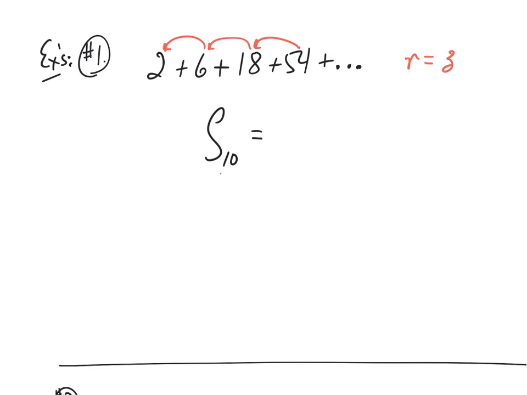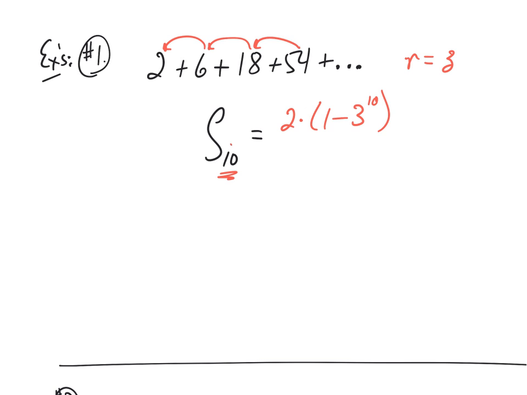And if I asked you to add up the first 10 terms in that series, the formula says take the very first term, 2, multiply by 1 minus r, which is 3, raised to the 10th power.